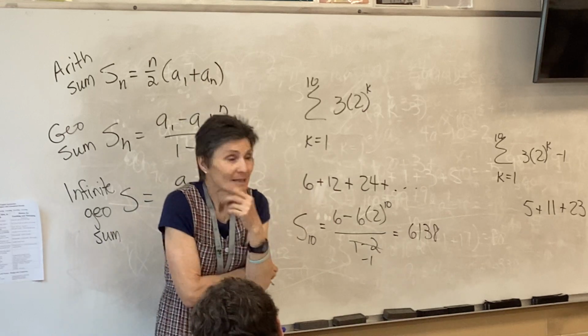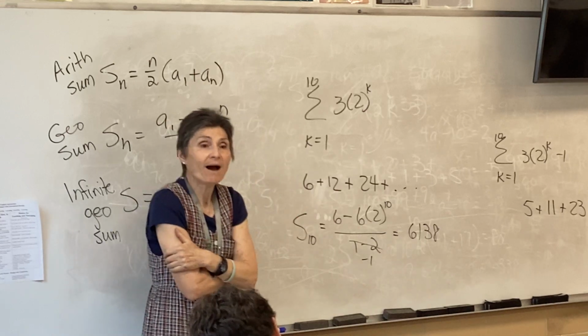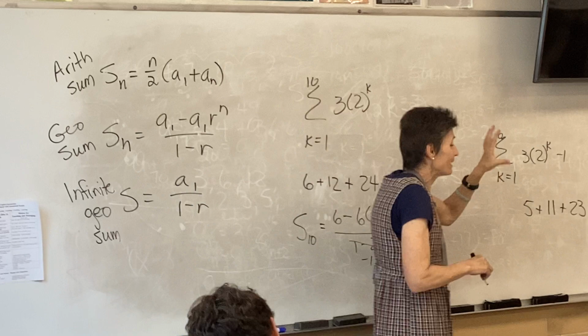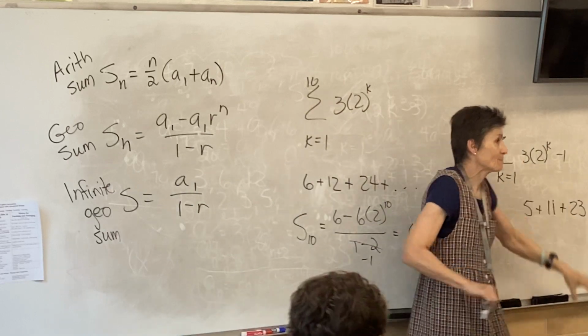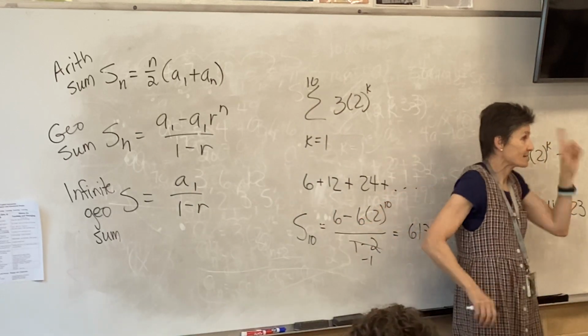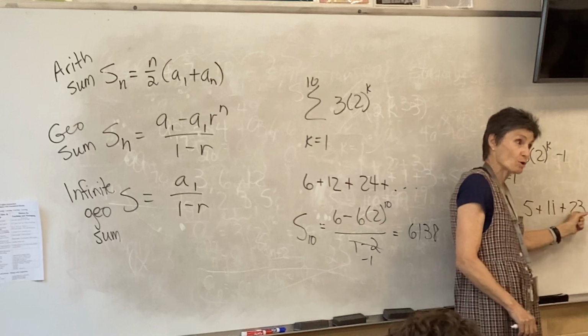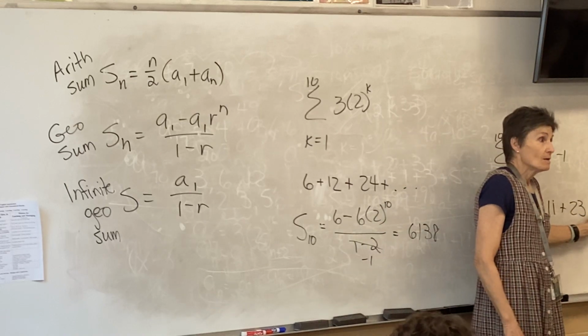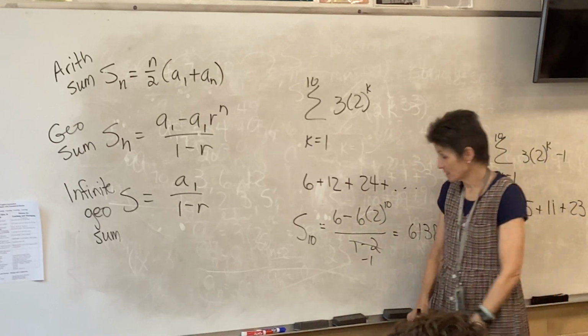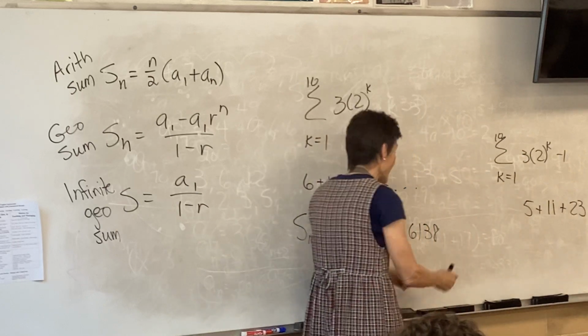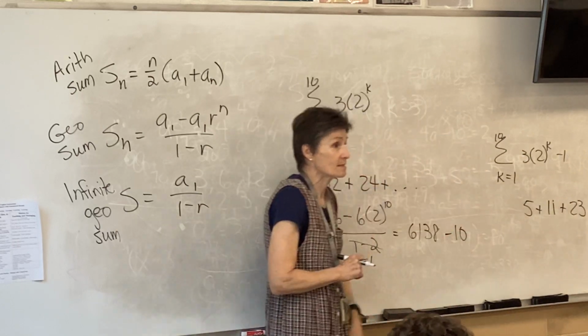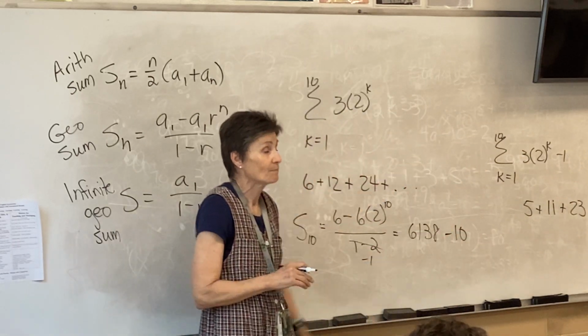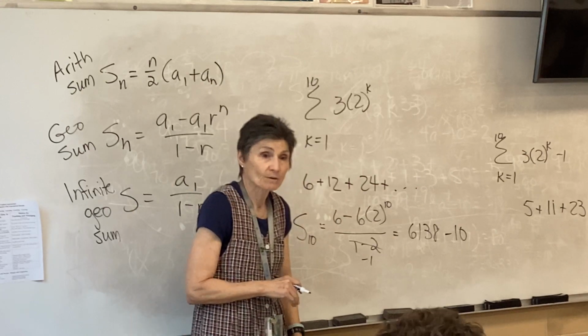Minus 10? Absolutely, because every single one of these terms is the same as these, except they've all got a 1 subtracted from them. So can't I take, as Finley suggested, my 6138 and subtract those 10 ones, and that would be the answer.